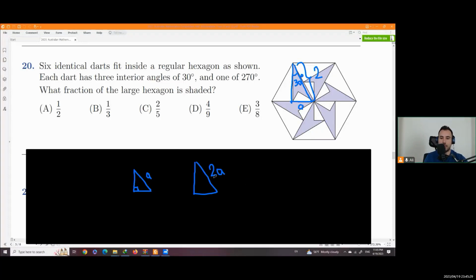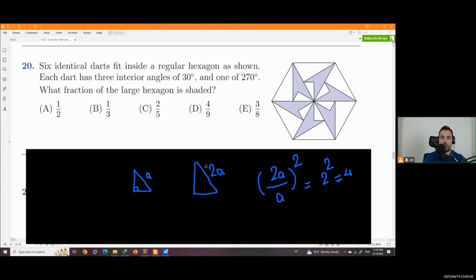So what is the ratio of the areas? Because they are similar, it would be the ratio of the sides squared. So 2A divided by A is 2. It's going to be 2 squared, which is 4. That means the large one is 4 times the smaller one.